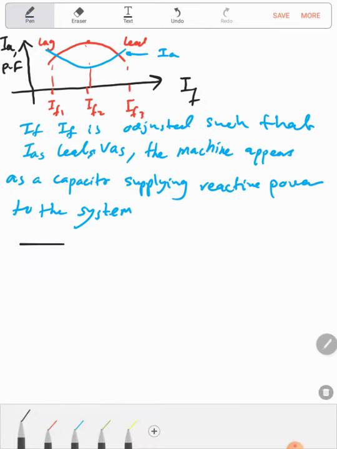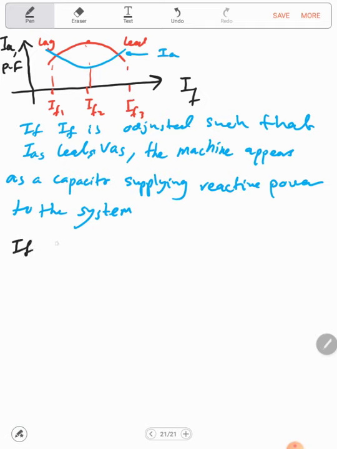Now, we can also adjust IF such that IAS lags VAS.